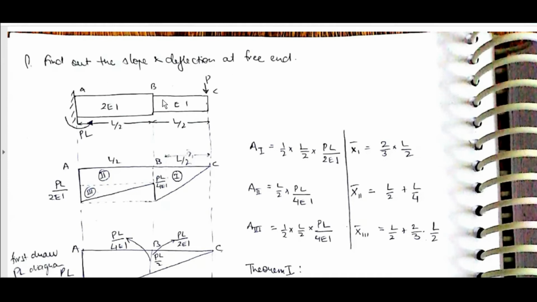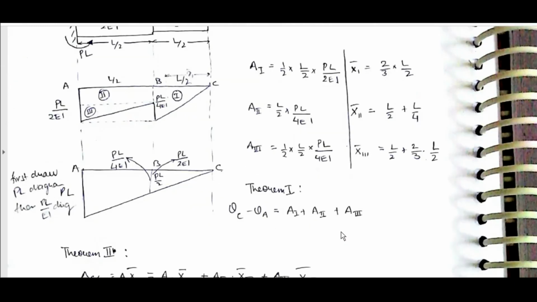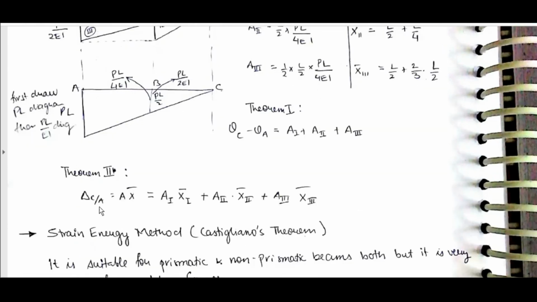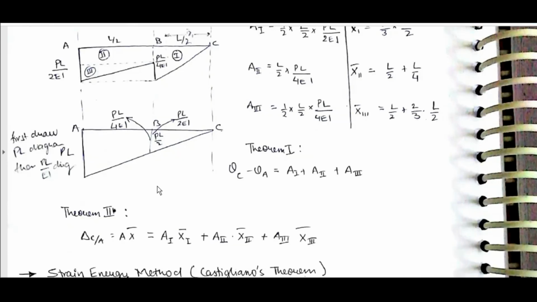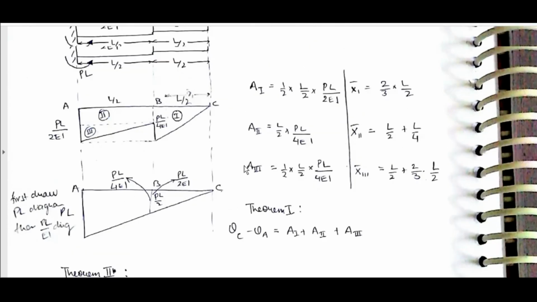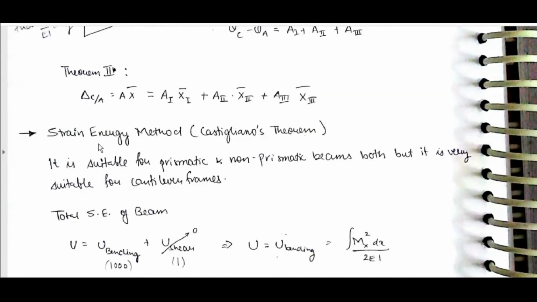Here EI itself is changing, so the graph will change, but the method will remain the same. Divide into three parts: A1, A2, A3. Then theta C minus theta A is equal to A1 plus A2 plus A3. Theorem 2: delta C by A is equal to A X bar, which is A1 X1 bar plus A2 X2 bar plus A3 X3 bar. We'll get the final answer.